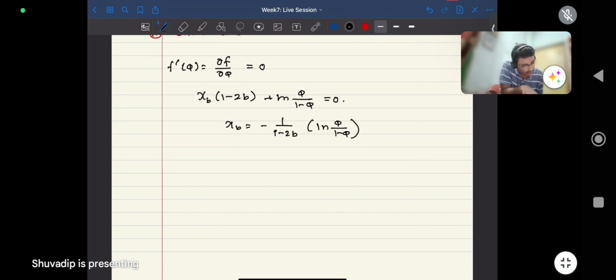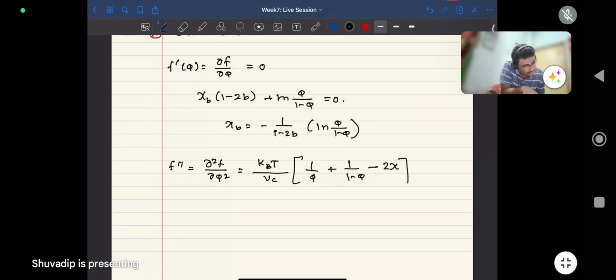Then we can calculate f double prime, which is del 2 f by del phi 2, which is kbT by vc times 1 by phi plus 1 by 1 minus phi minus 2 chi. So from these we can calculate what chi is: half times 1 by phi plus 1 by 1 minus phi.